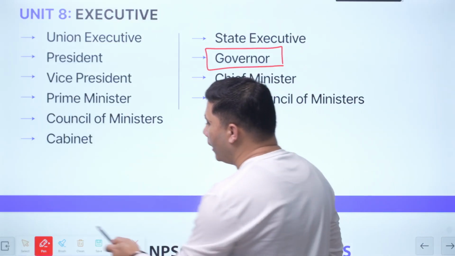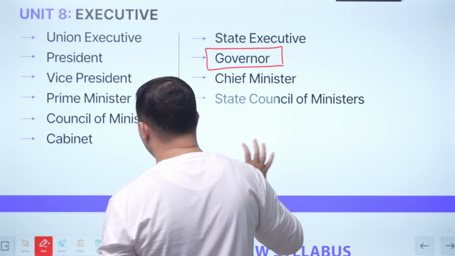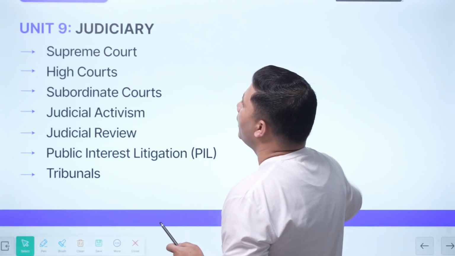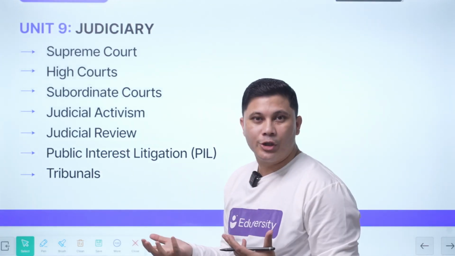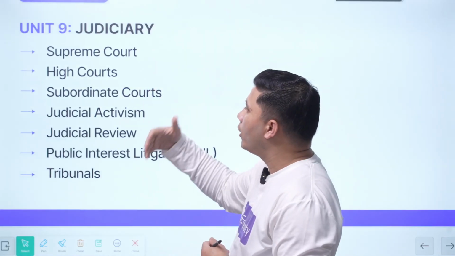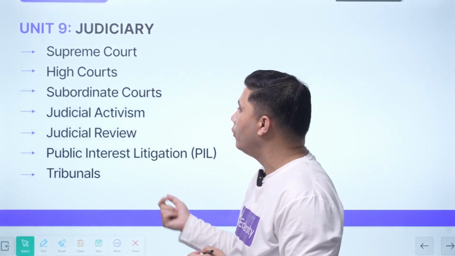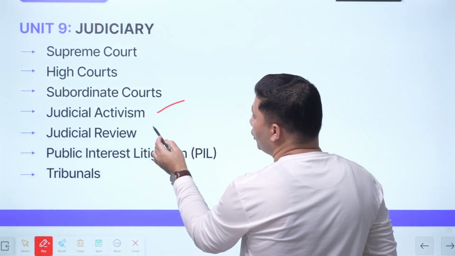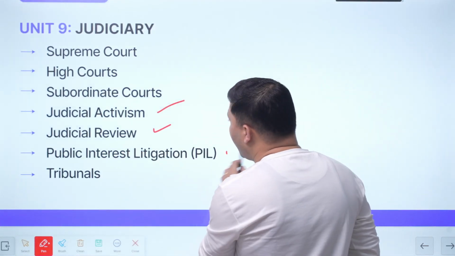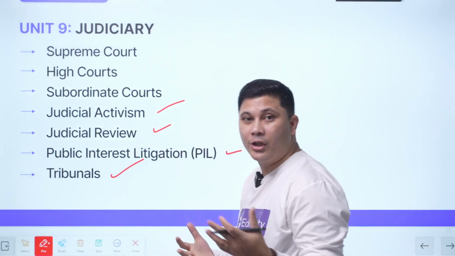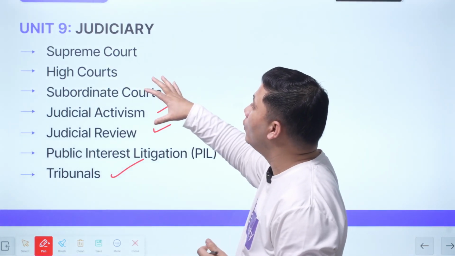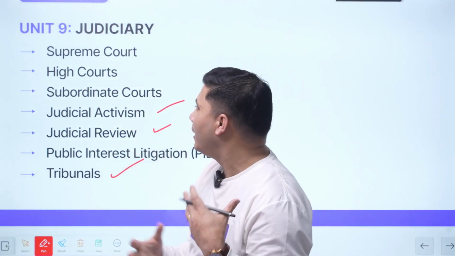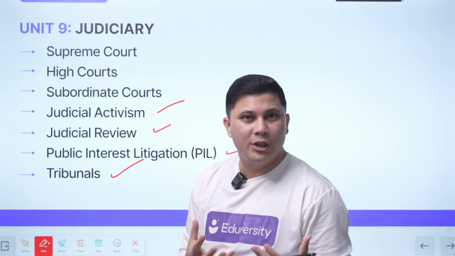Now going forward, in Unit 8, you have to study the judiciary, that is the Supreme Court, the High Court, and the subordinate courts. Then you will have to study judicial activism, judicial review, PIL, and tribunals like the NGT. You need to go in deep and understand the recent judicial activism the judiciary is taking.